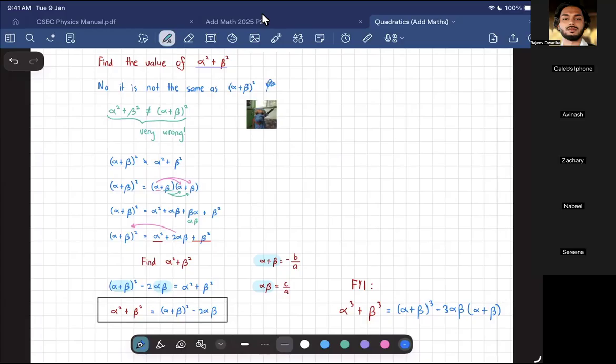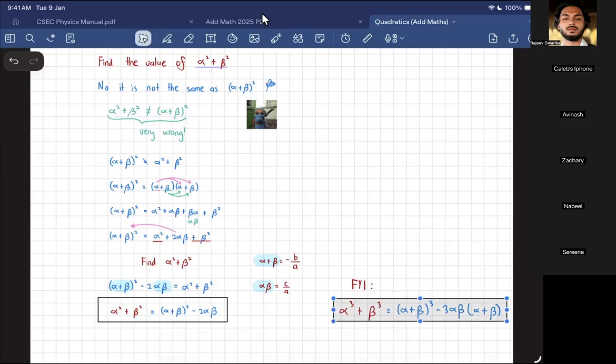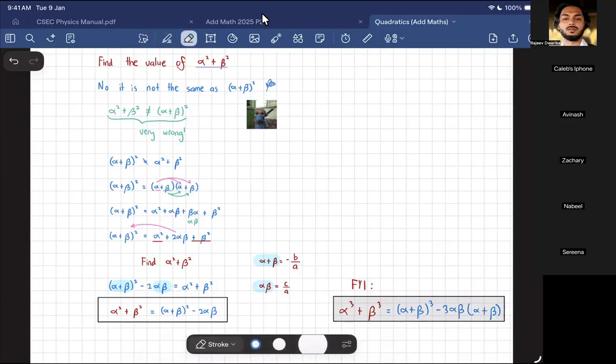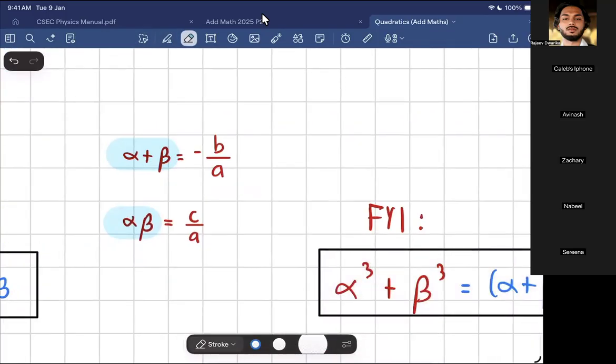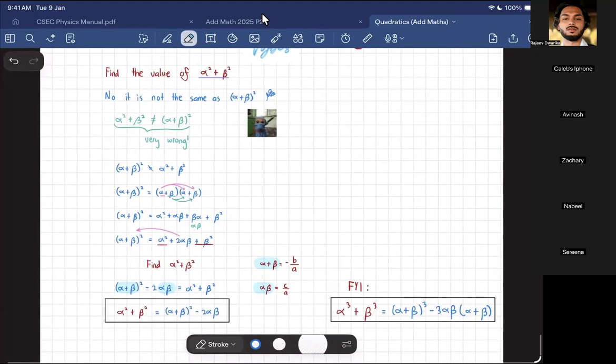Yeah, guys, so copy that down for me, please. And then we should be good. As soon as you have this copied down, please tell me.